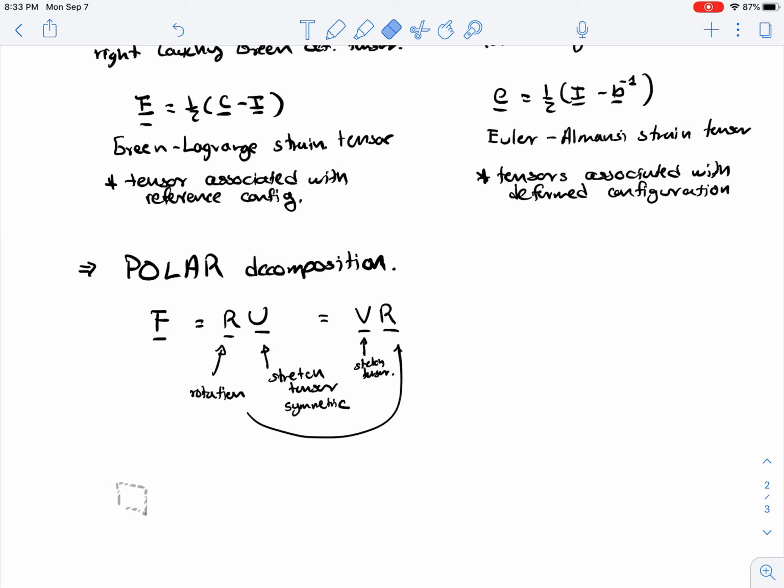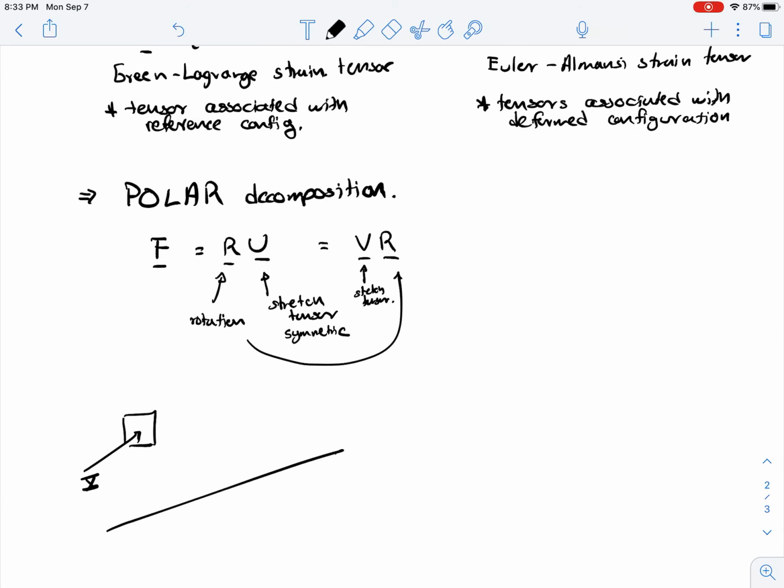And what does this mean? It means that if you remember what F is doing, I'm going to do it with a 2D version of F. At point X, capital X, we have a unit square. And then at lowercase x, we have our deformed square.